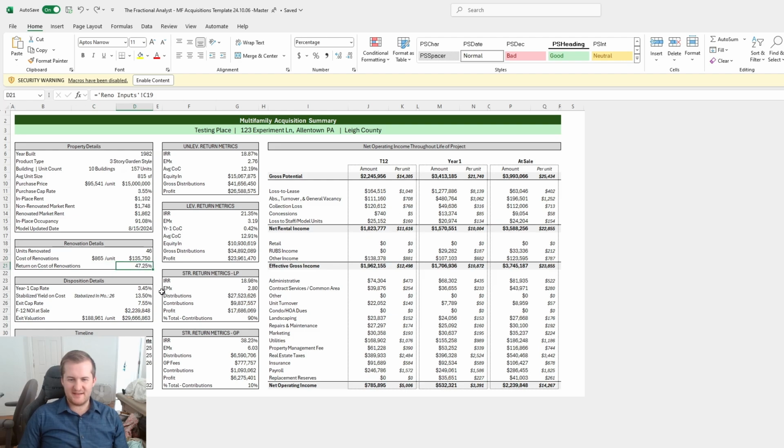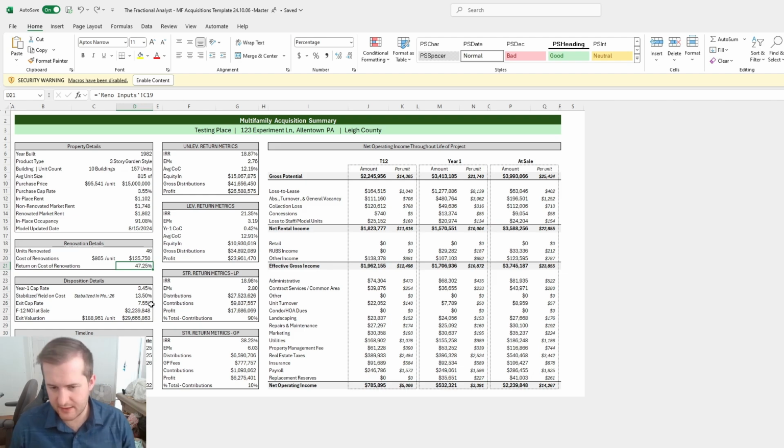But this is telling us that, hey, if you do those renovations, this is the return on cost of those renovations, right? So it's very accretive to the deal. That's how you're getting to a higher stabilized yield on cost. Frankly, most of the increase in yield on cost is coming from this loss to lease increase. But this is benefiting it too.